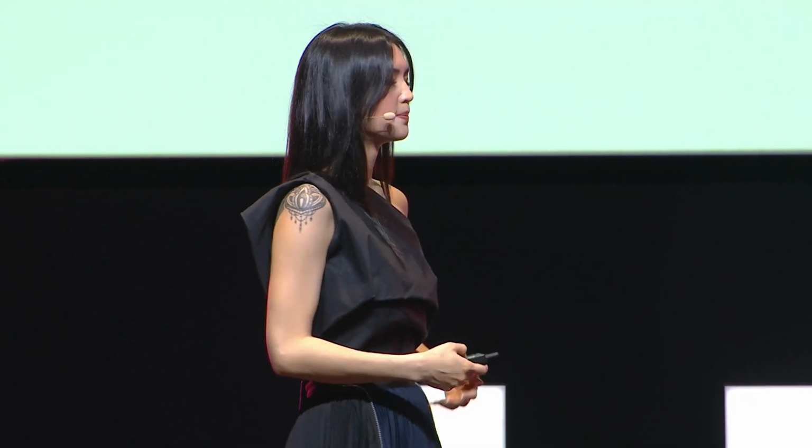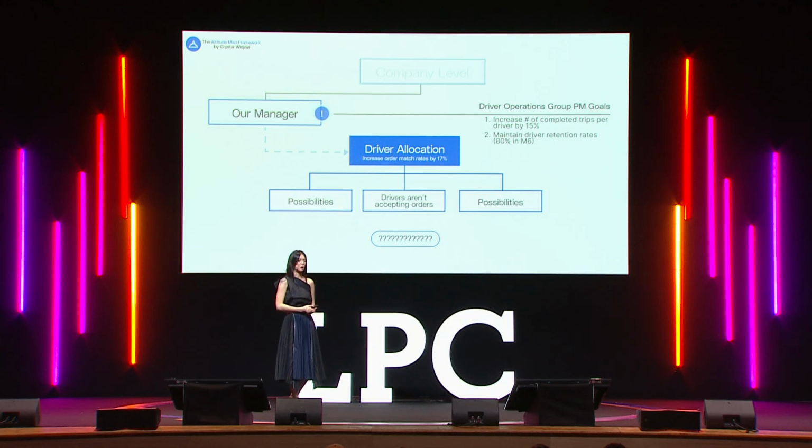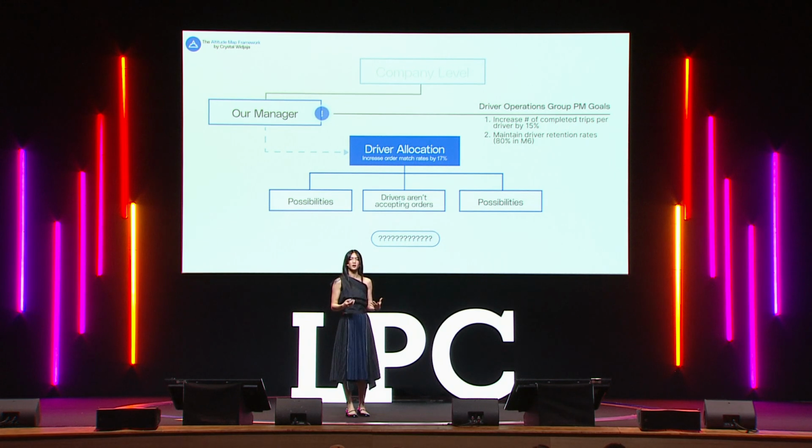Let's accept the good parts of the Hippo's solution, the possibility that drivers aren't accepting orders, and we can continue to make progress. But making progress is hard. Like I said, open-minded thinking requires that we have lots of possibilities, that we think of everything that could potentially be preventing us from reaching our goals.